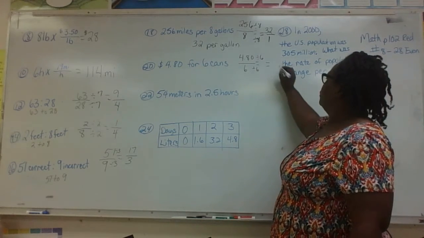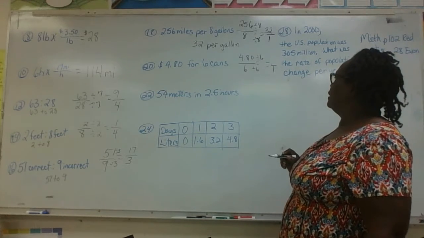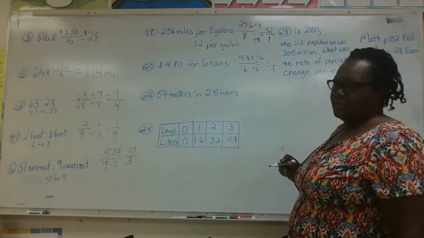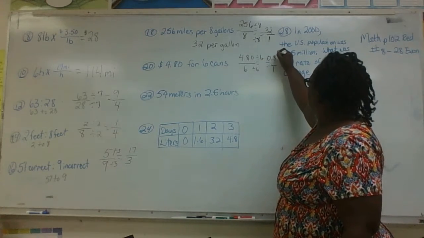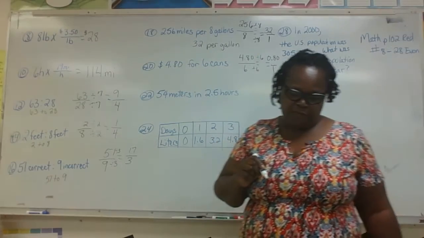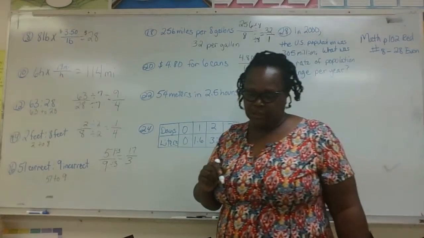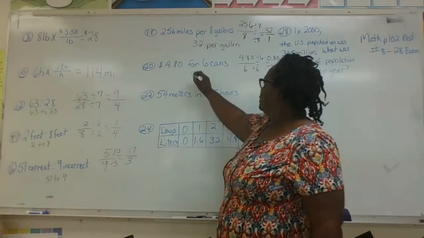And therefore, we have 1 here. And then how many 6's are in $4.80? We would discover that we have 80. And therefore, the answer to number 20 would be 80 cents per can.